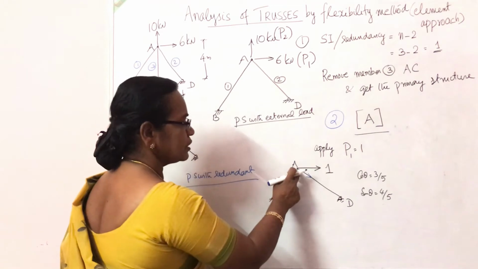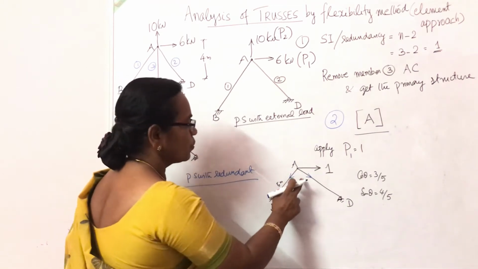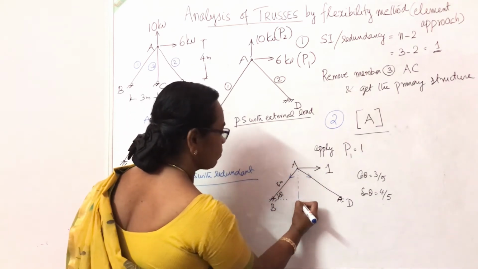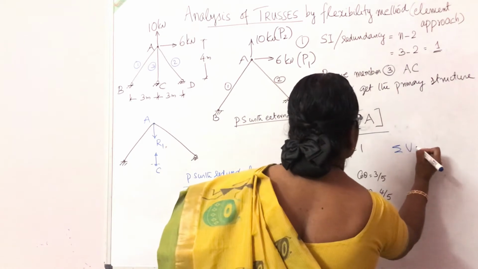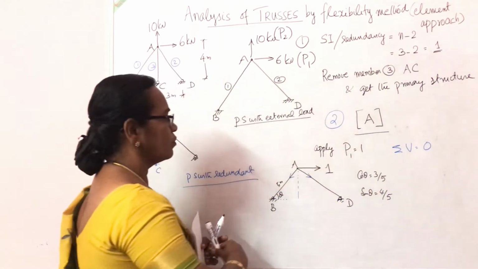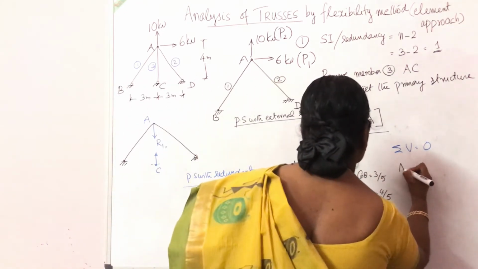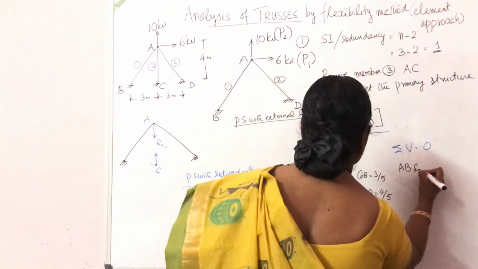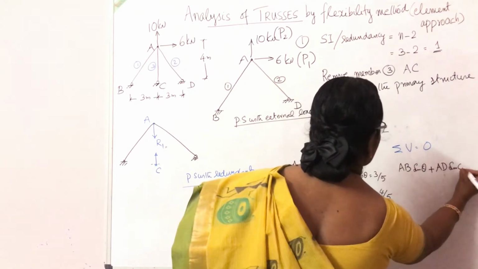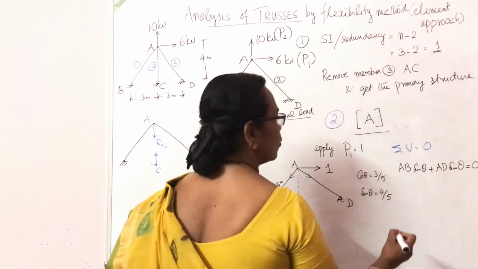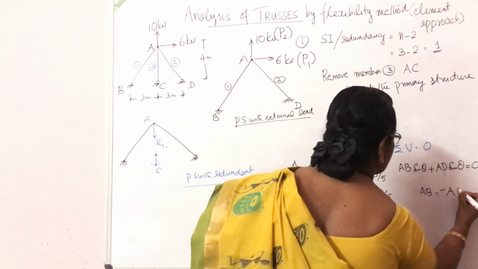Consider joint A. Resolving in the vertical direction, sigma V is equal to 0: AB sin theta plus AD sin theta is equal to 0. From that we will get AB is equal to minus AD.